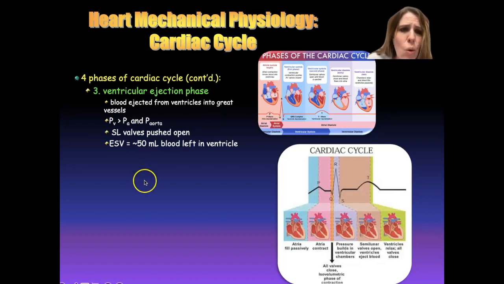So let's correlate this to the electrical activity in the heart during this third phase. So we've already been through the first two phases and correlated that with the P wave and the QRS complex on the EKG. Well, now we're in this second part of systole of the ventricles, the second phase of it. So semilunar valves have opened and that blood is ejected into the aorta and the pulmonary trunk.